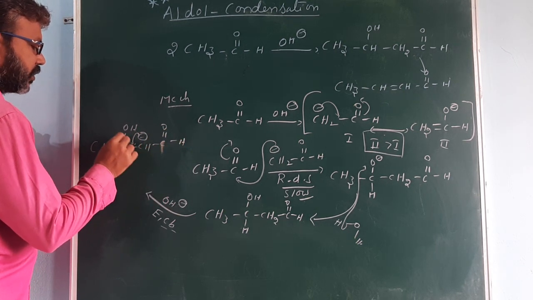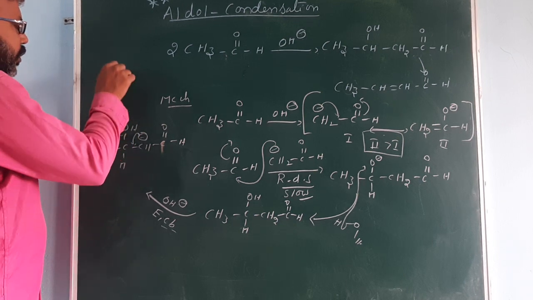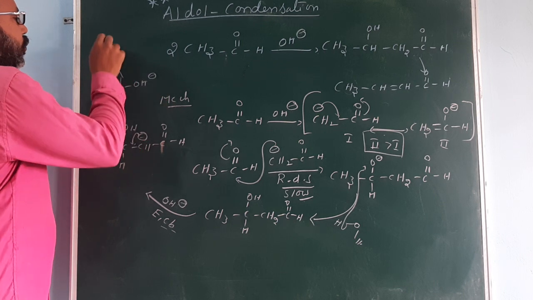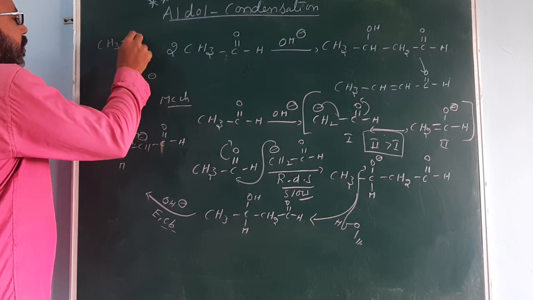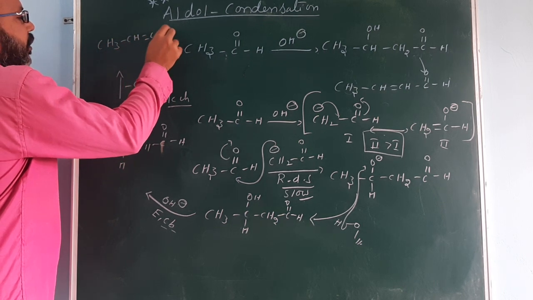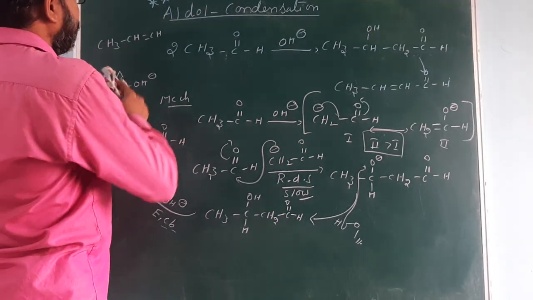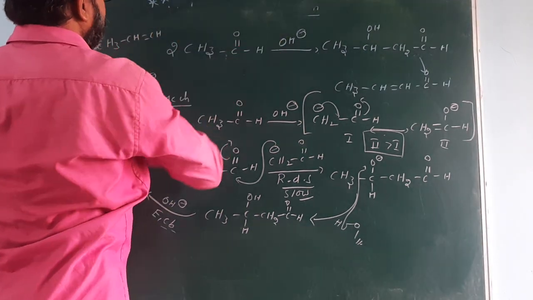Now this bonded electron shifts to here, with loss of OH minus ion, to give an alpha beta unsaturated carbonyl compound.